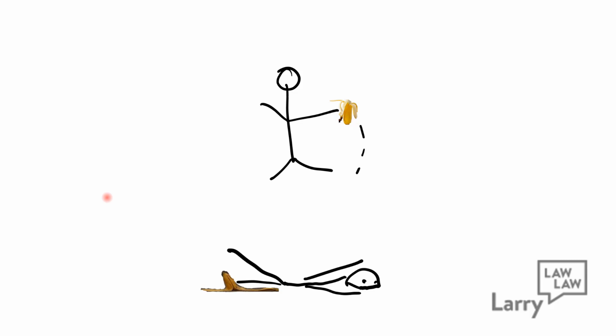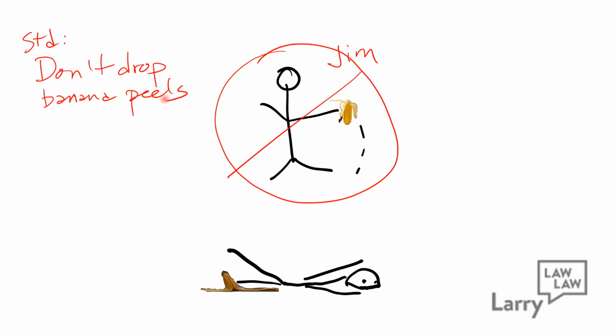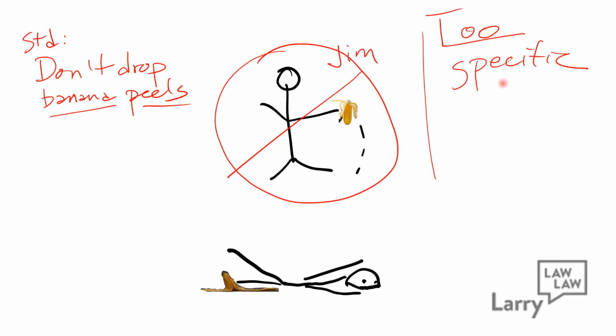What Bob could argue is that Jim should not drop banana peels. This doesn't quite work. It's too specific as a standard of care, and it's too simple. It's the way that I might yell at my kids, someone trips and falls, and it's like telling the kid not to trip and fall.